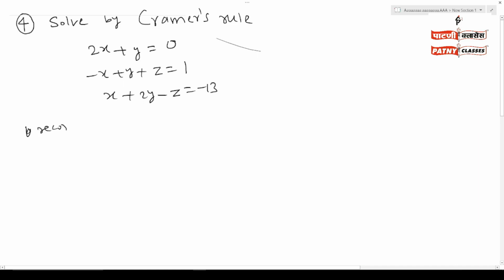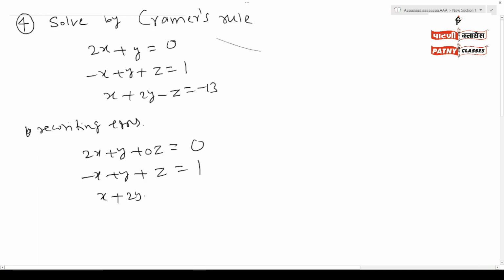Rewriting the equation, we get 2x plus y plus 0z equals 0, minus x plus y plus z equals 1, x plus 2y minus z equals minus 13, equation 1, equation 2, equation 3.